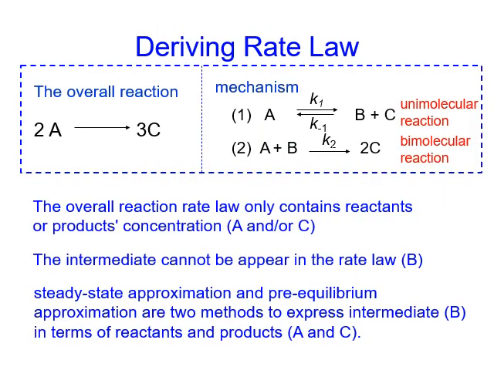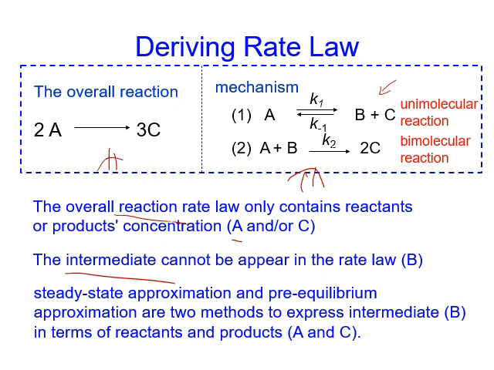So here is the overall reaction, and this is the mechanism. Our goal is to use the mechanism to derive a rate law for the overall reaction. Now, when we derive the rate law, keep in mind that the final rate law can only contain reactants or sometimes product. It cannot have intermediate, because intermediate is something you cannot measure. You cannot see it.